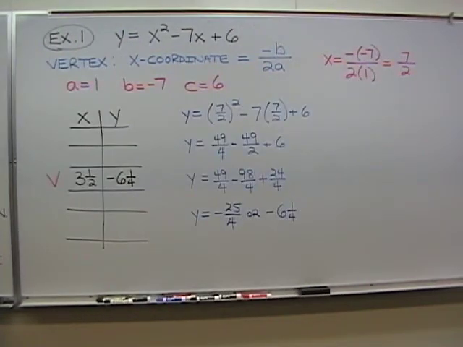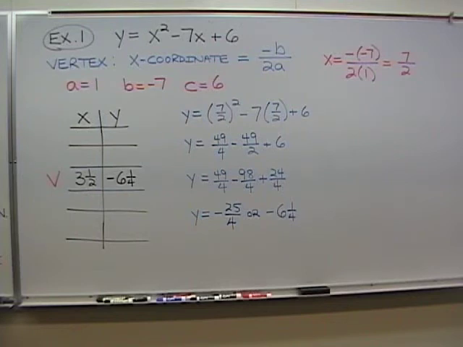As you can see, I've substituted the value 7 halves back into our original equation to give us 7/2 squared minus 7 times 7/2 plus 6. Going through and simplifying it all the way down, we find out that y is equal to negative 25/4 or negative 6 1/4. So now we have the coordinates of our vertex. It's going to be at 3.5, negative 6 1/4.